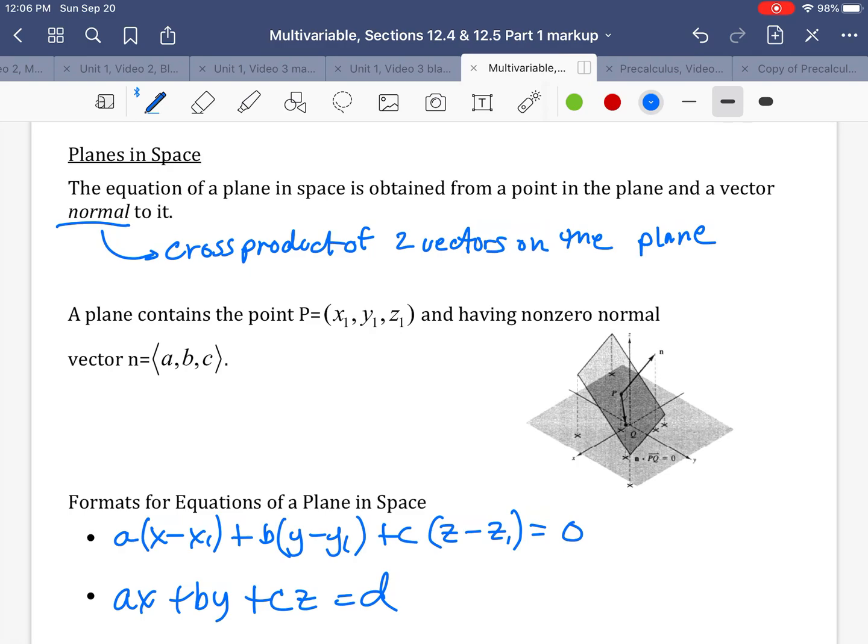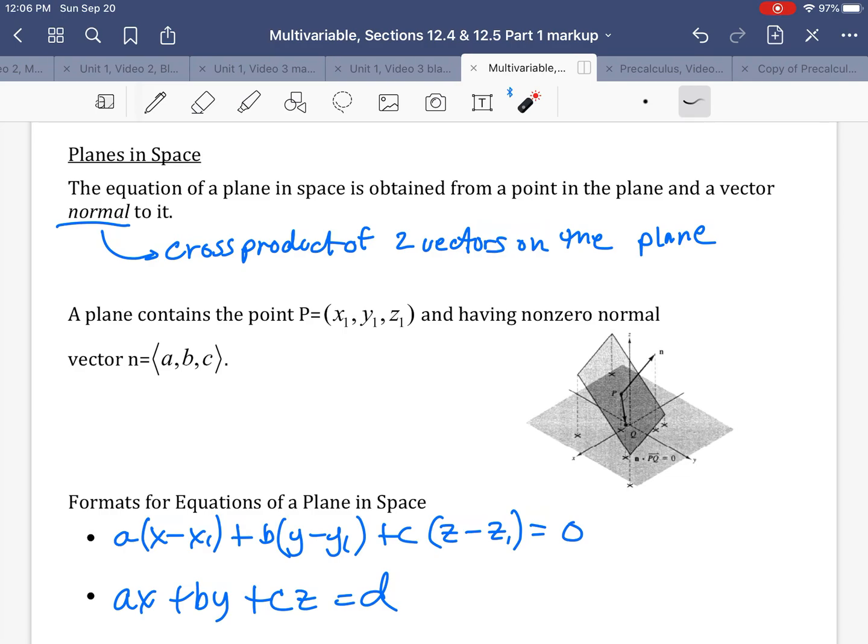I want you to notice that if I were to distribute out, that's where I would get this piece from right there. And then something else to notice: when you multiply a times x1, b times y1, c times z1, those are all just going to be numbers because you're given those numbers up here.